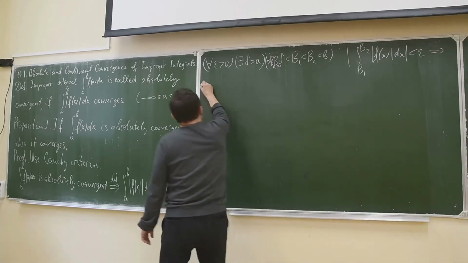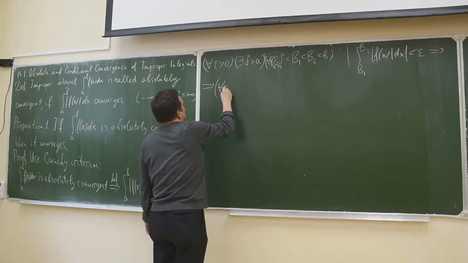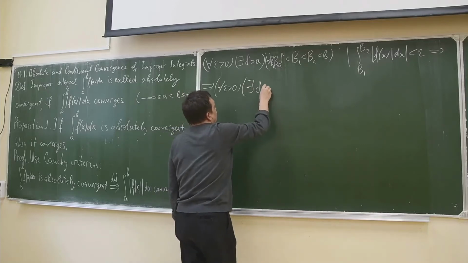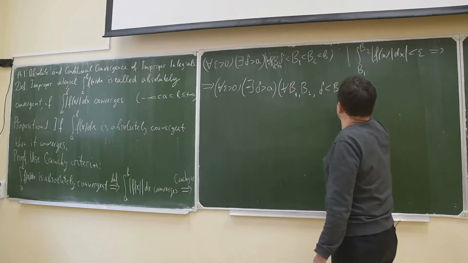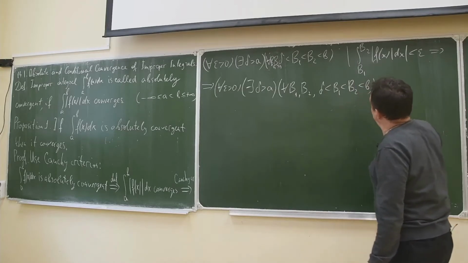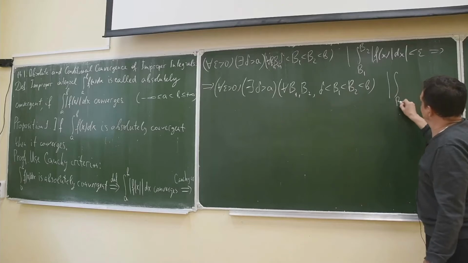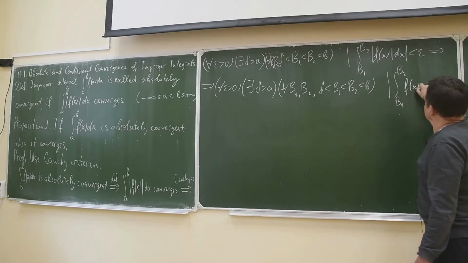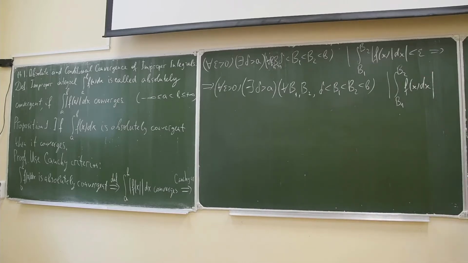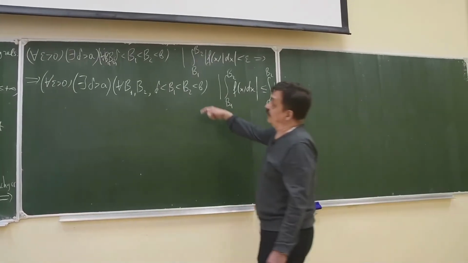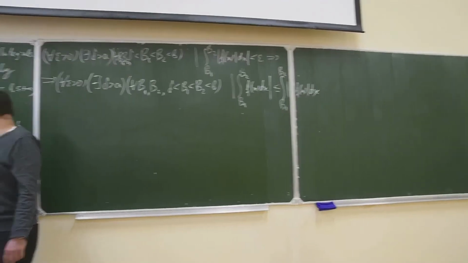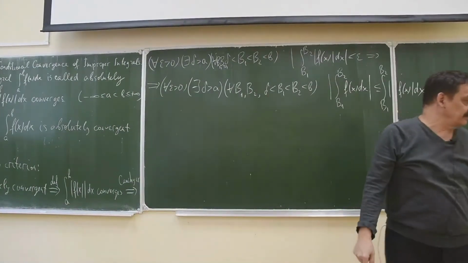Let me estimate now what I can deduce directly. I'll rewrite again the same sequence of quantifiers: for arbitrary b1, b2 such that delta less than b1 less than b2 less than b, we have now a chain of inequalities. The modulus of the integral from b1 up to b2 of f of x dx is less or equal than the integral of modulus, an estimate for integrals. So we suppose the function is integrable on an arbitrary interval from a to some number smaller than little b.